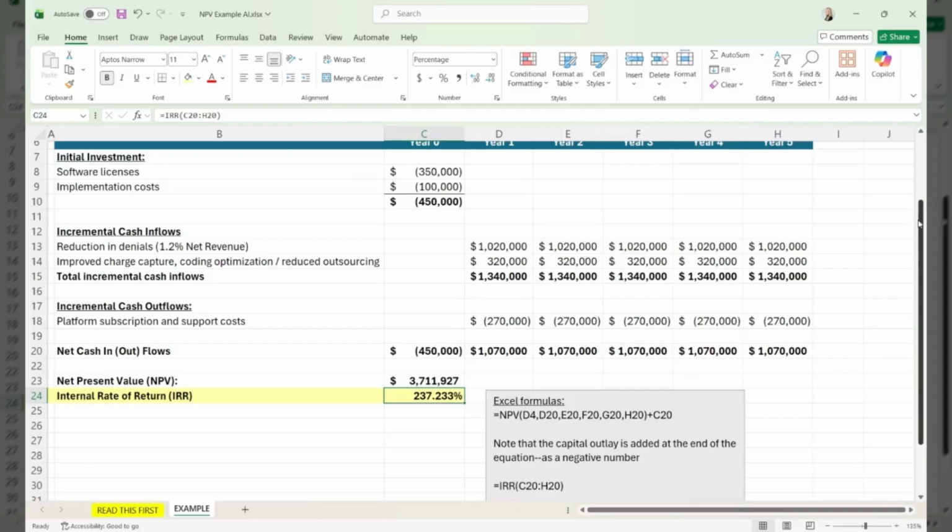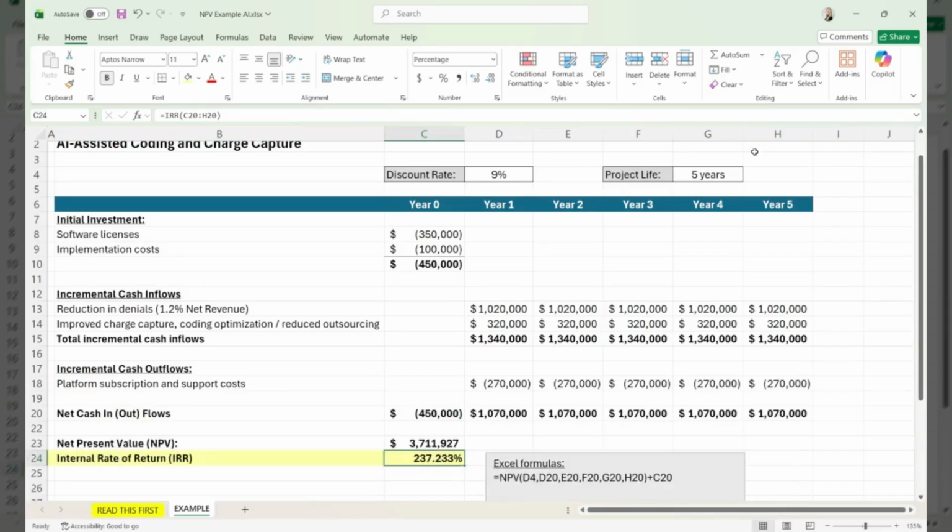And I could come up here to the discount rate assumption that we originally used, because if this is the discount rate that makes the net present value of these cash flows equal to 0, then we should see this number, the net present value, go to 0. So I'm going to go up here to this discount rate, and I'm going to put in 237.233%. And you can see that this number right here went to -1, so super close to 0.